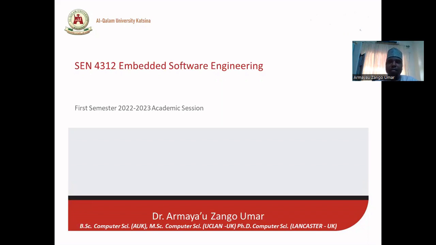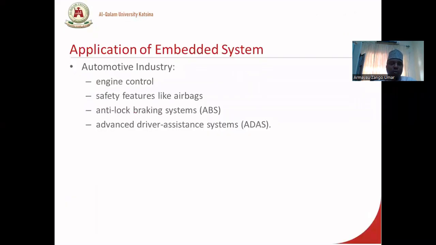So far, I think this is the first proper lecture, because the first lecture was simply an overview of what an embedded system is. So without wasting much time, we look in depth at more applications of embedded systems, beginning from the automotive industry, where embedded systems are used for engine control and in safety features like airbags and anti-lock braking systems to make the car more stable, and advanced driver assistance.